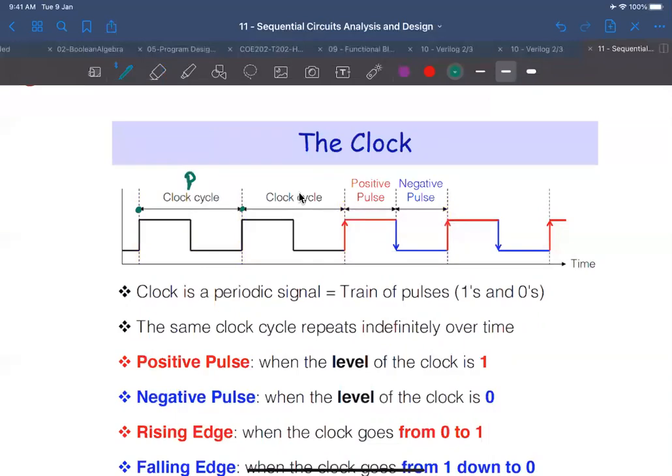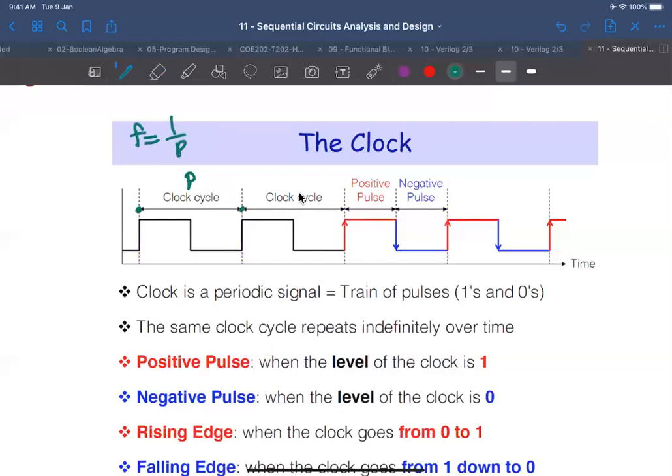If P is in nanoseconds, for example, or picoseconds, then what is the frequency of the clock? It's 1 over P, right? The reciprocal of the period is the frequency of the signal. So what does the frequency mean?